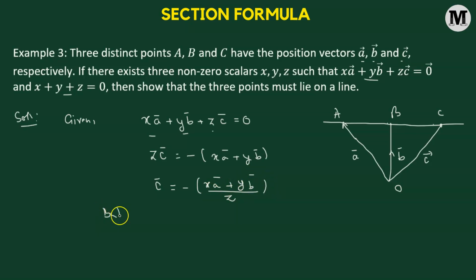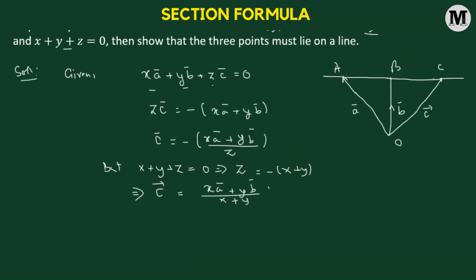But it's given to us that x plus y plus z equals 0, which implies z must be equal to negative of (x plus y). If we substitute this, then C vector becomes equal to (x times A vector plus y times B vector) divided by (x plus y).